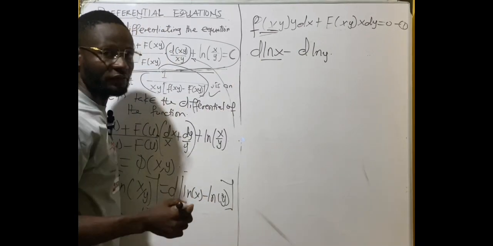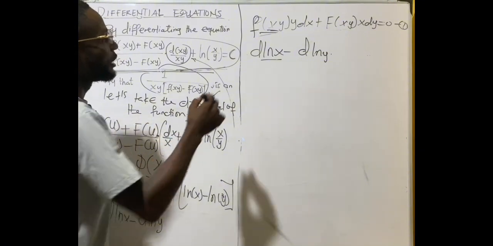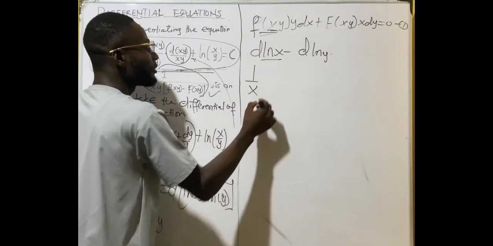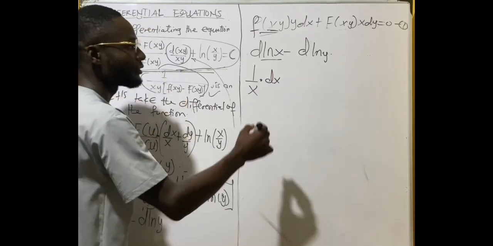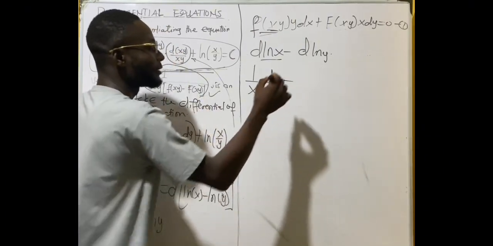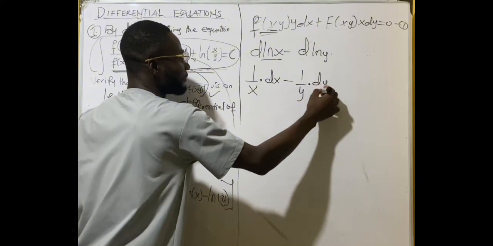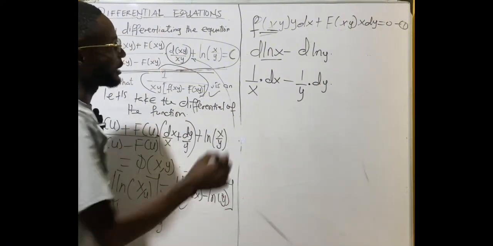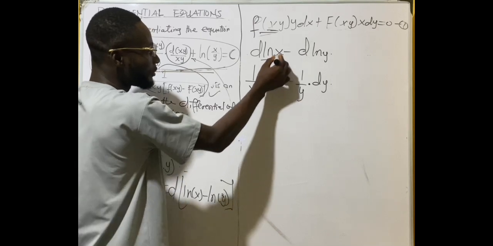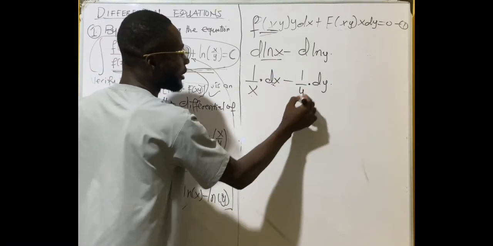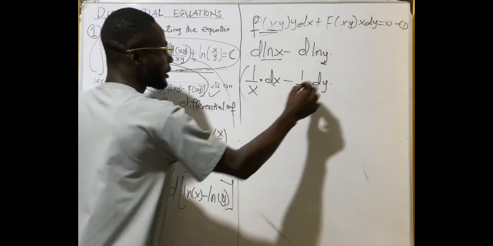Don't forget, if you want to differentiate a ln function, a function inside the ln, you take 1 over the function times differential of the function, then minus 1 over the function times differential of the function, the inner function, right? So we took 1 over x, which is here, times differential of what? x, minus 1 over y times differential of what? y. So this is what we have.